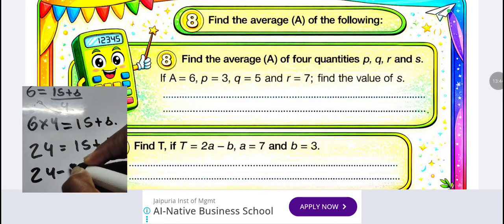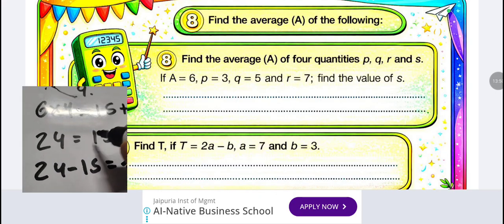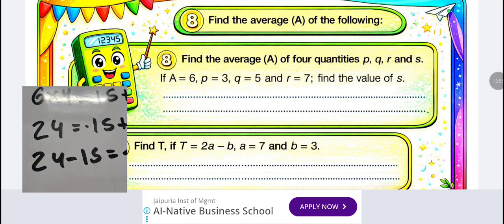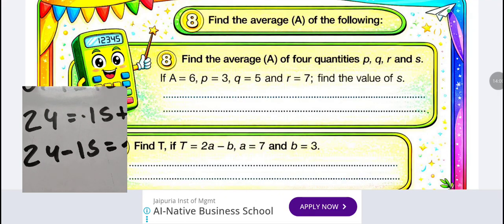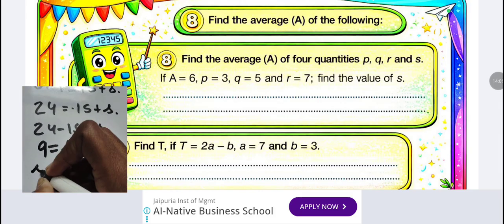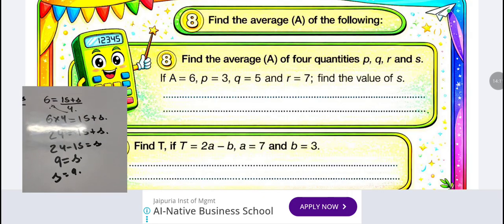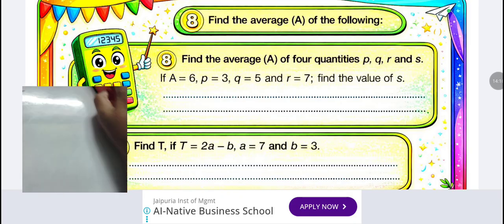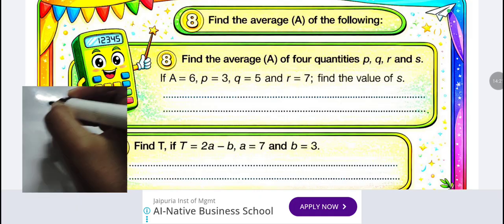24 minus 15 equals S. Why? Because 15 is in plus, and when it goes here the sign changes to minus. So 24 minus 15 is 9, equals S, means S equals 9. And how to check? Take out the average.